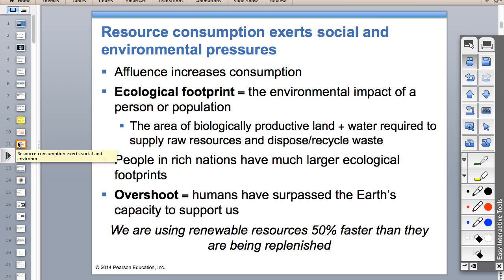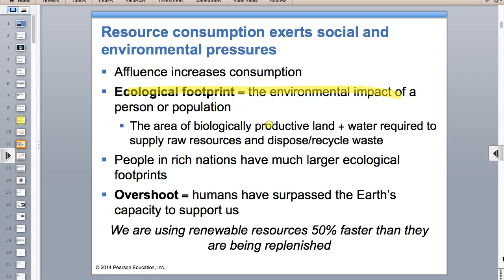So ecological footprint, we looked at that yesterday. When you calculate your ecological footprint, you have to remember it's actually the area of land and water that people are using to supply their raw resources. So if you're looking at your actual yard or your house, that's not going to equal your ecological footprint.